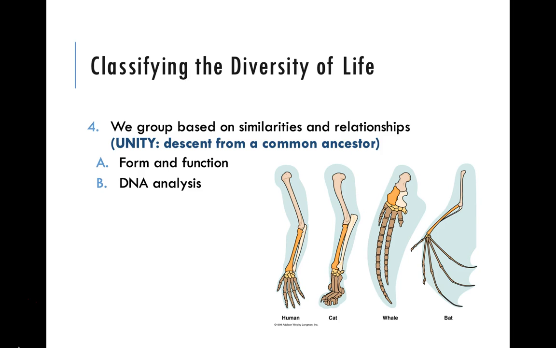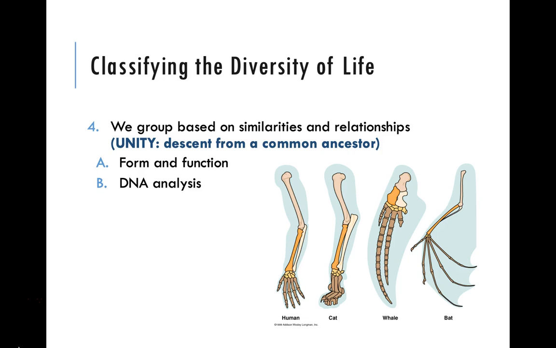And so again, we have this example of the 4 limbs in mammals, and they are all similar because they come from a common mammalian ancestor. And that allows us to look at other organisms, see these similar shapes, and understand how all of these organisms can be related.